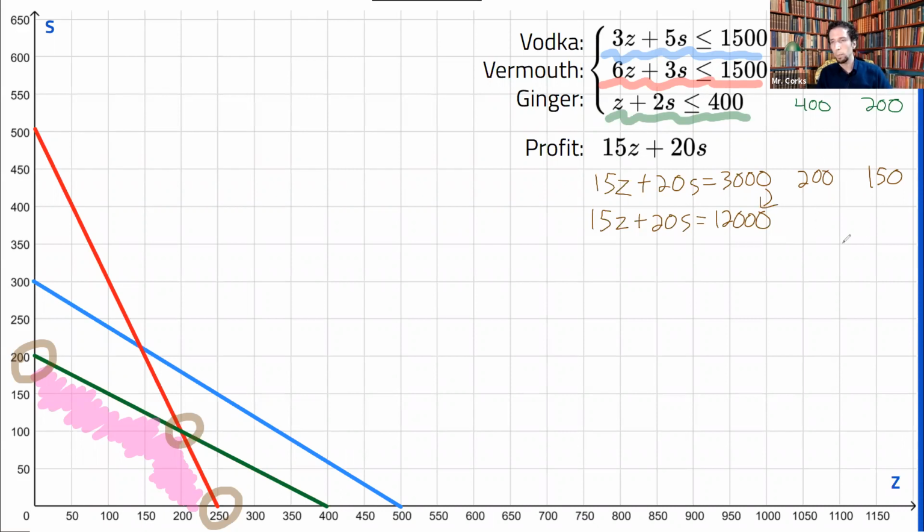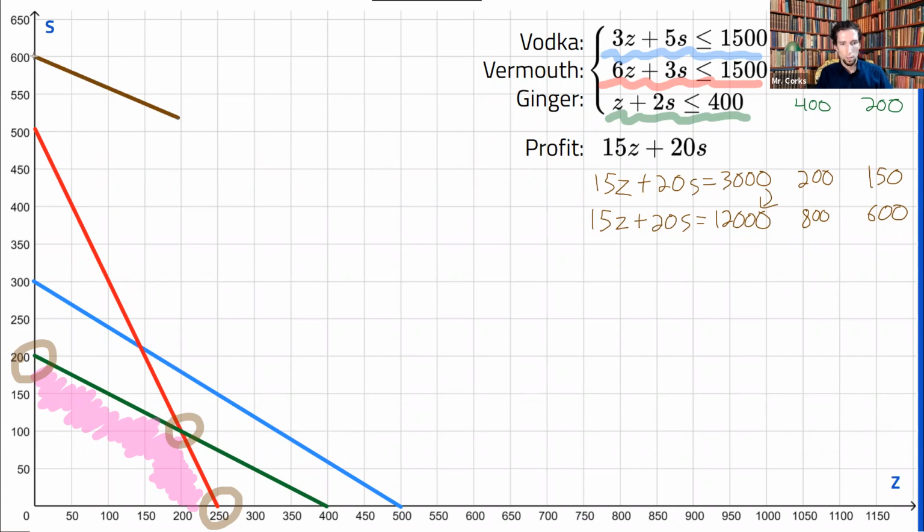So we'll just multiply all of these by 4. So that's 800 and 600. Okay, 800, 600, that's above all of them. Maybe a little too far above, but let's try it.